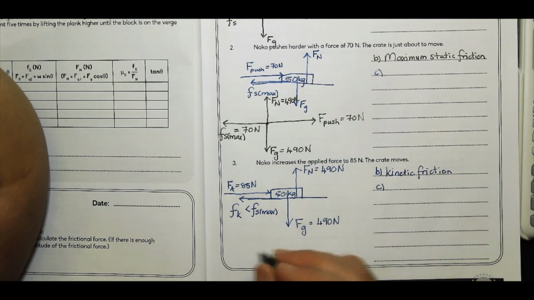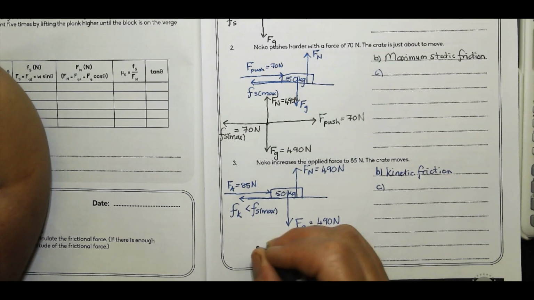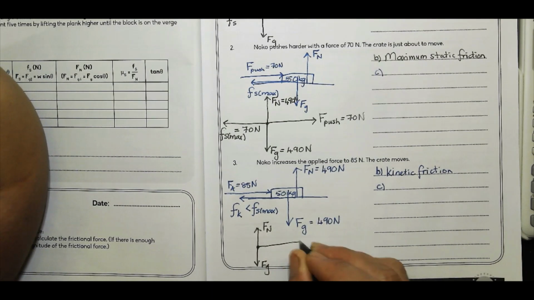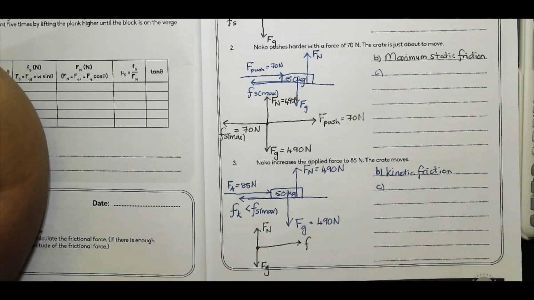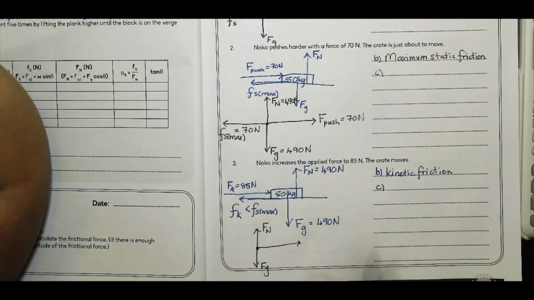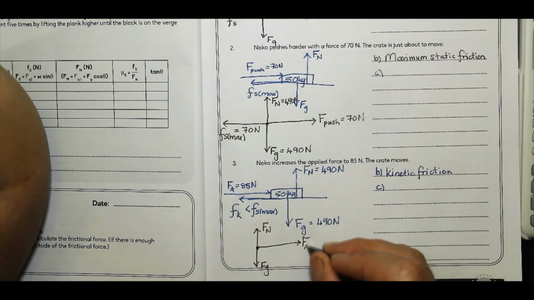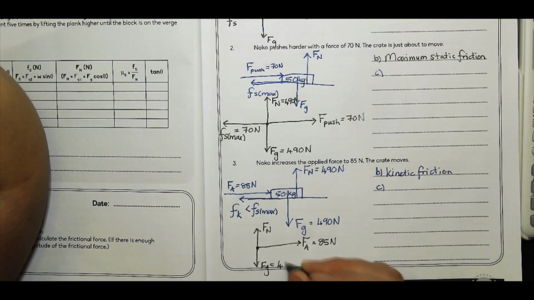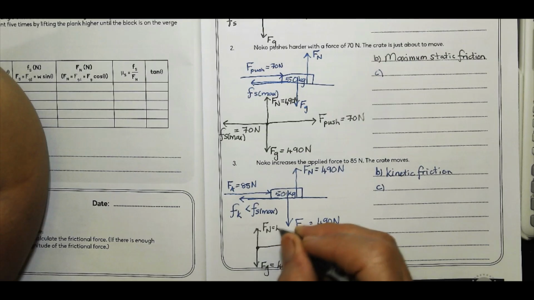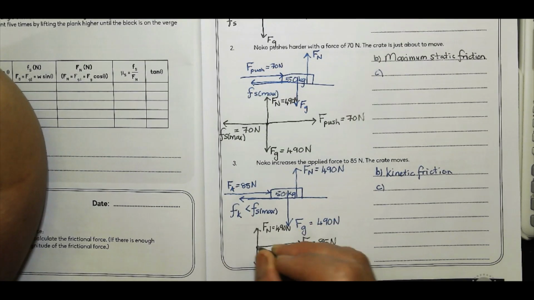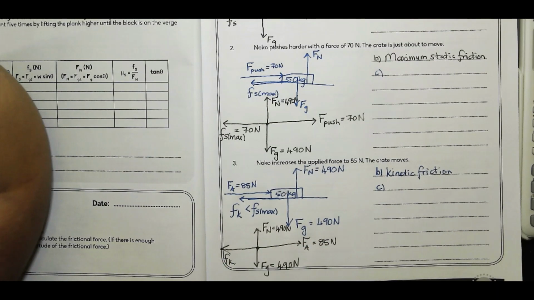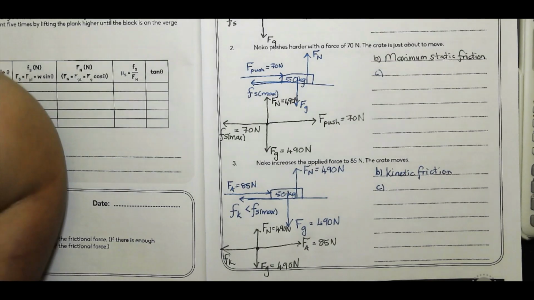Just to finish my way of doing this, Fg, Fn, sorry, I'm squashed for space here, not a curly F, Fa, that was 85 newtons, that is 490 newtons, this is 490 newtons, and the friction there would be kinetic friction, and it is less than 85 newtons.